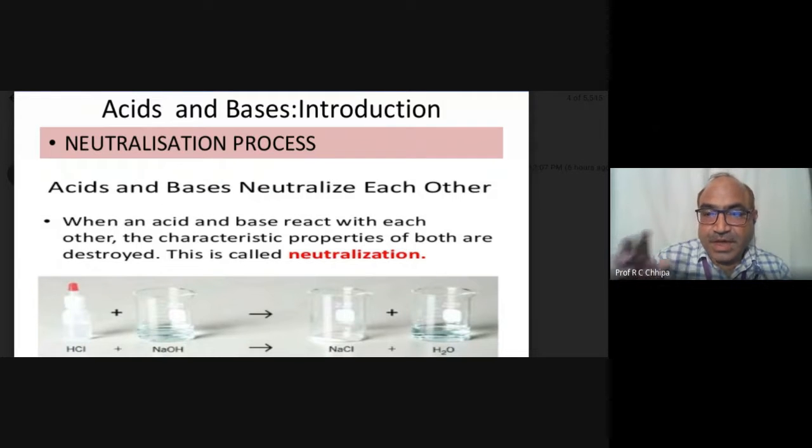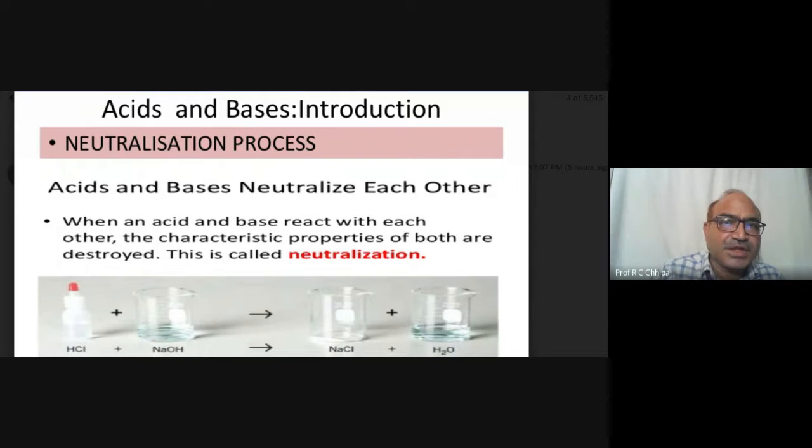And acid reacts with how many bases? That is the basicity of acids. And similarly, in case of the bases, the acidity of the bases. So here we have to see the neutralization reaction.